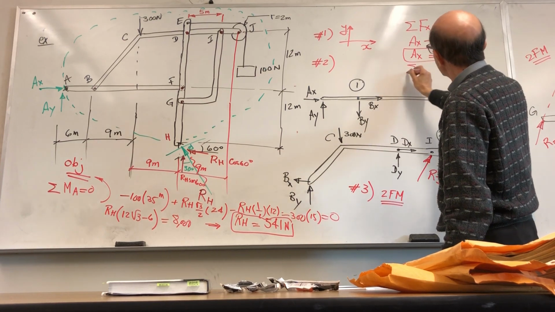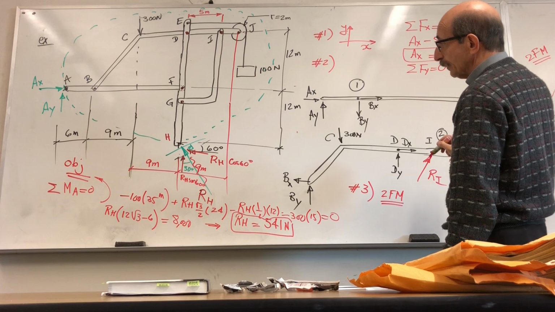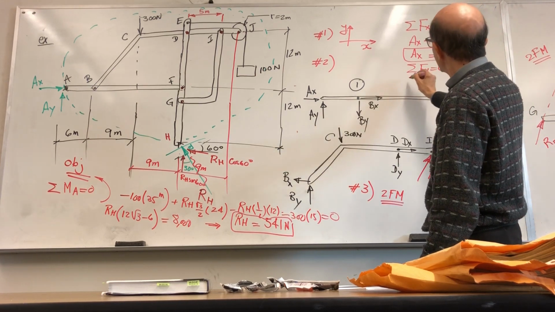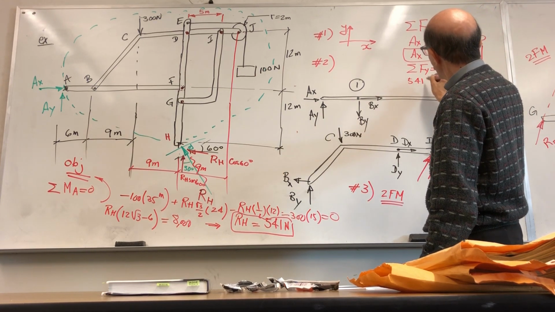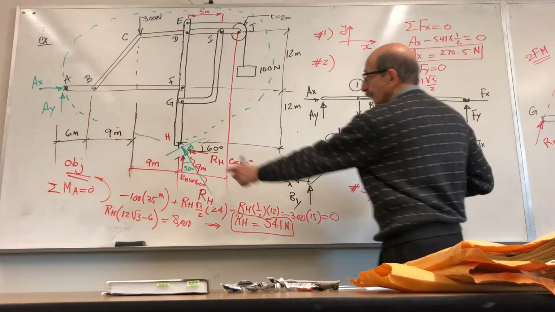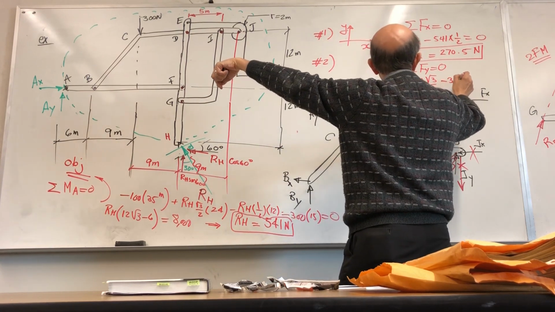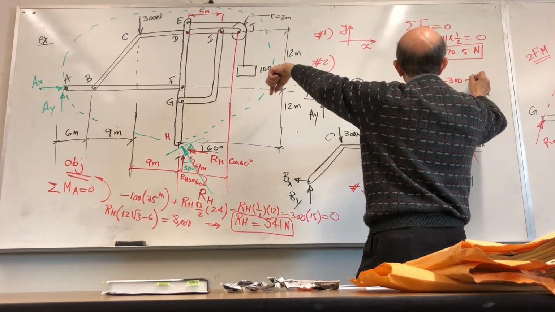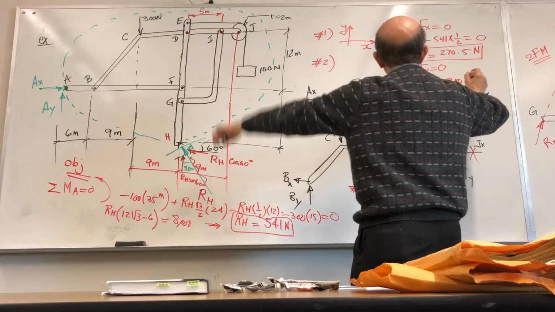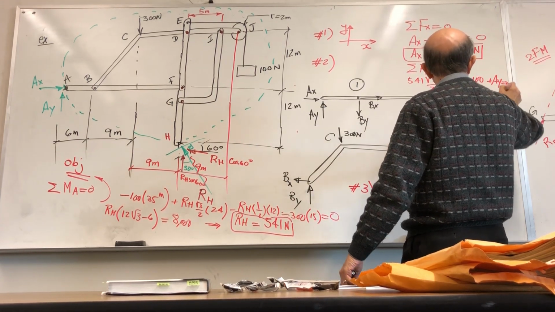Then you have summation of forces along Y is equal to 0. So you have RH sine, you have 541 square root 3 over 2, okay, minus 300 minus 100 plus AY is equal to 0.